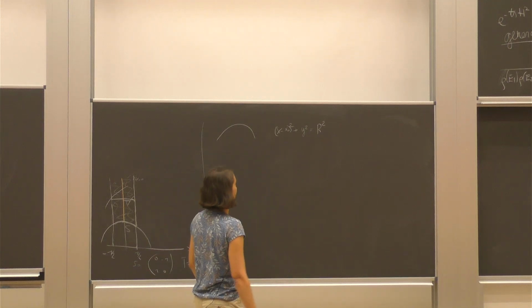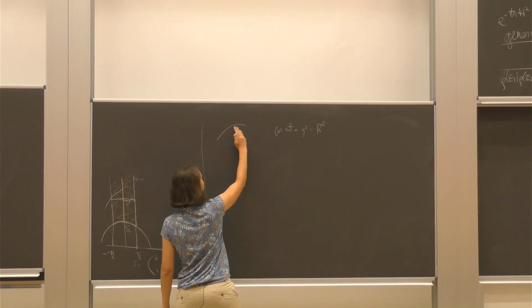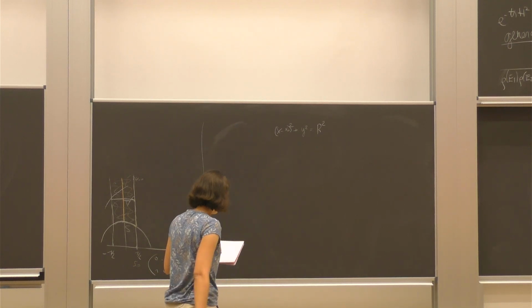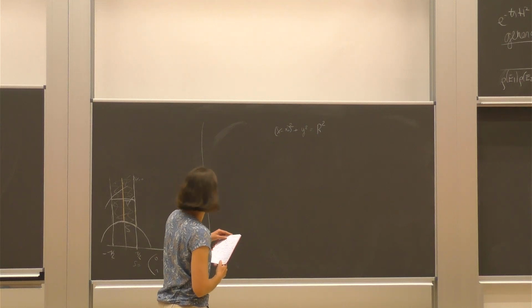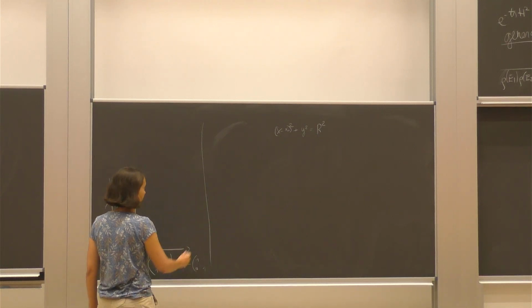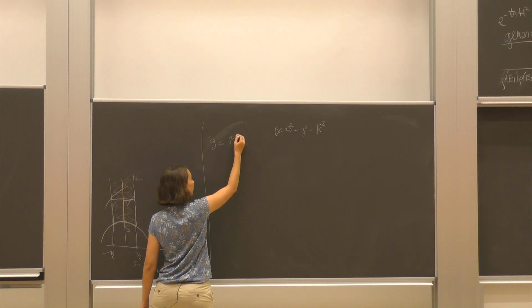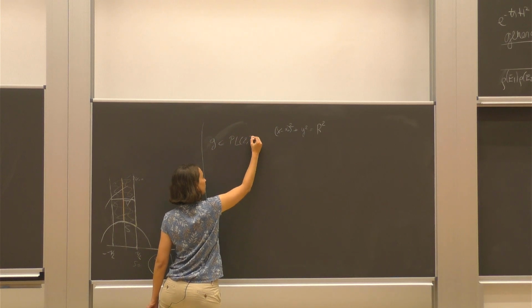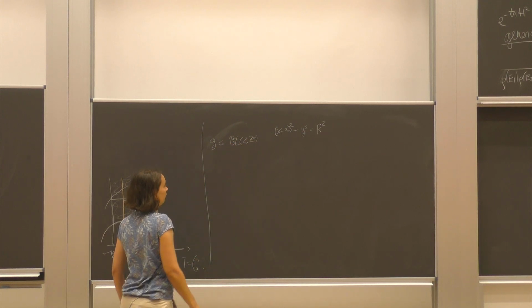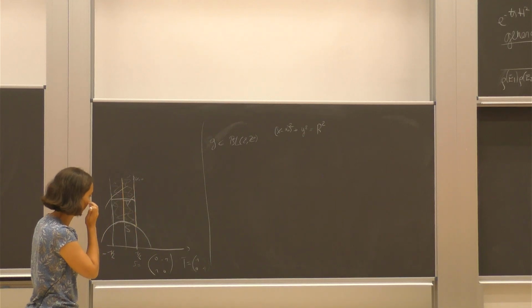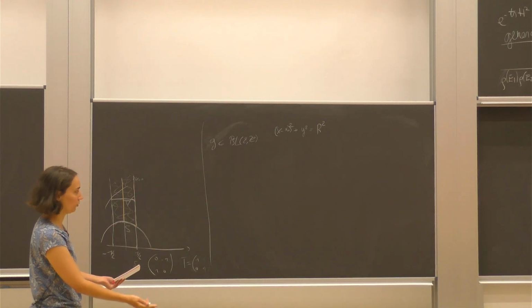Okay, and so you can show that for elements of the modular group, oops, I forgot the S, there are different types of elements.